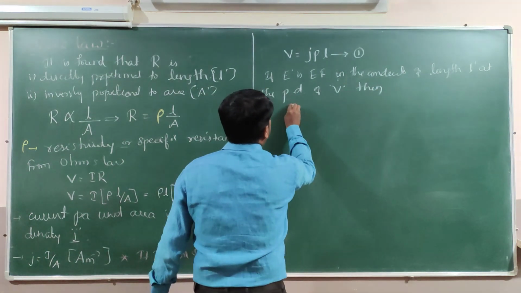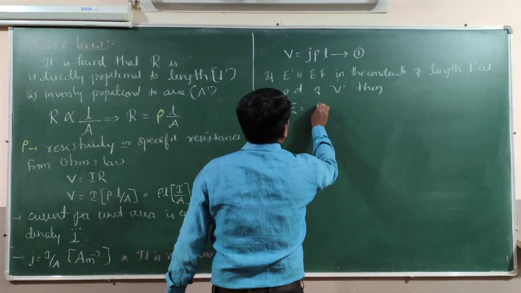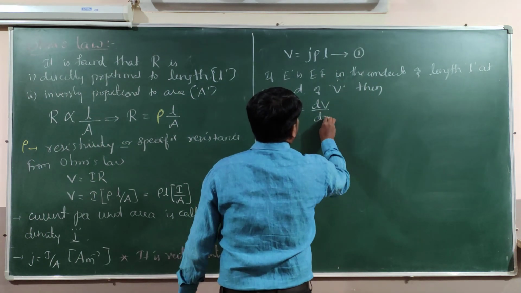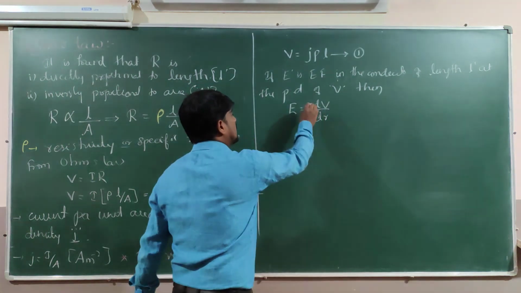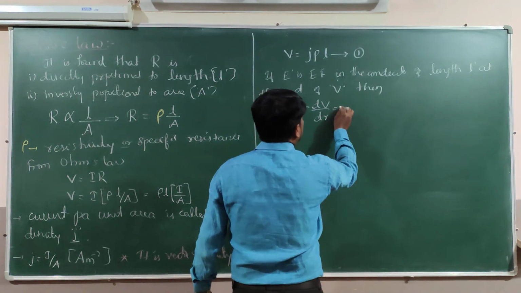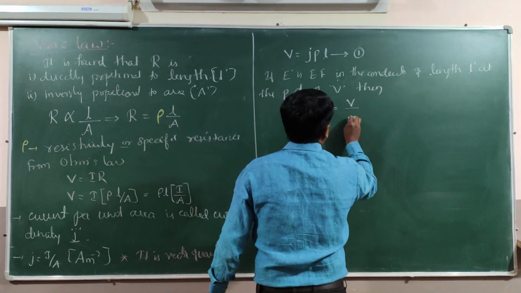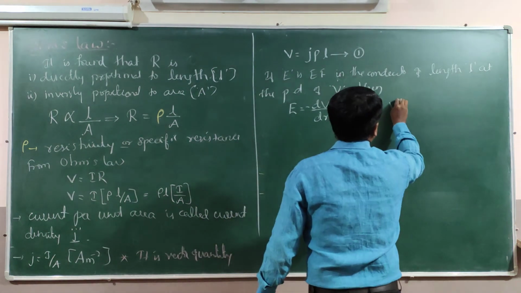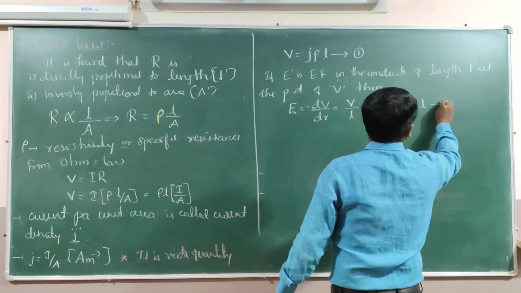We know this one. E is equal to dV by dr, from the second chapter. So now, here I have taken V divided by L, so I can write V is equal to E into L.